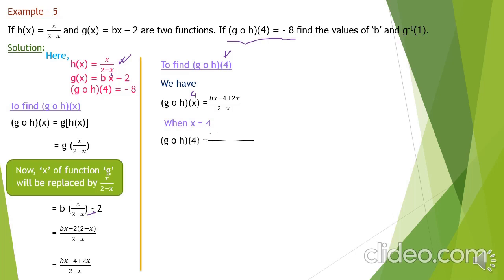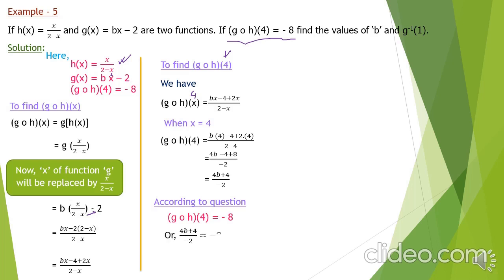g o h of 4 is equal to b dot 4 minus 4 plus, and on calculation you can see that's minus 2. According to the equation, g o h of 4 is equal to 8. It's a given condition. We're applying the given condition. We will use the value which we have found here.